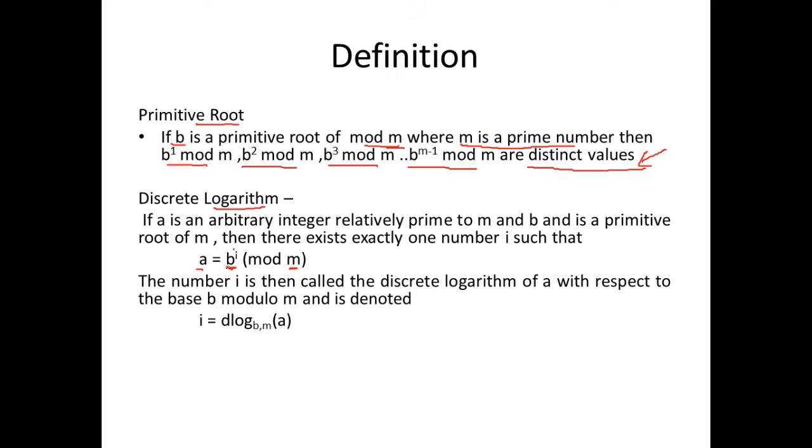What they say here is if b is a primitive root of prime m, then there exists only one value for I that leads us to this equation. So the number I is then called the discrete logarithm of a with respect to the base b modulo m and is denoted like this. So when b is a primitive root of prime m, we can very well say I is the discrete logarithm of a to the base b mod m.